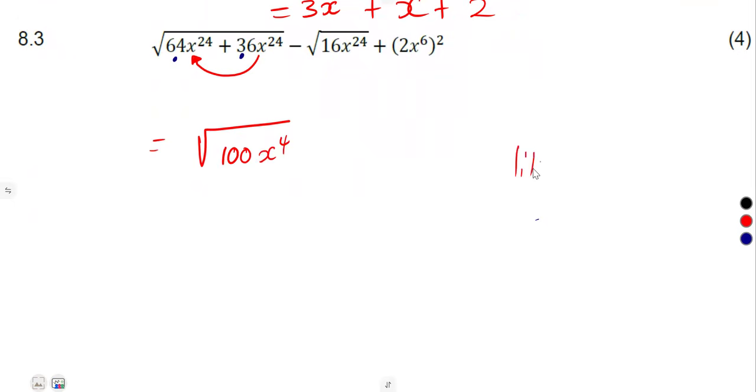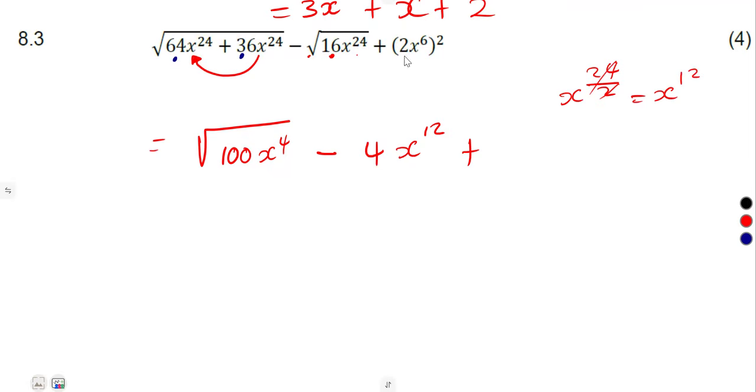We are talking about like terms: you add the coefficients. Minus the square root of 16. Like I said, when it is like this, in simplification, you just take the positive values. So the square root of 16 is 4. The square root of x to the exponent of 24 simply means you divide by 2. So that's x to the exponent of 12.